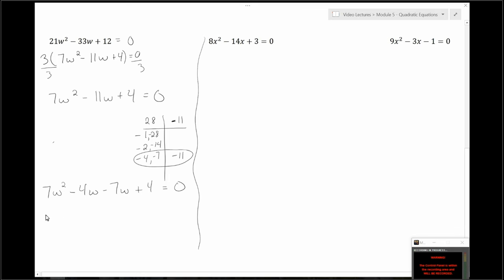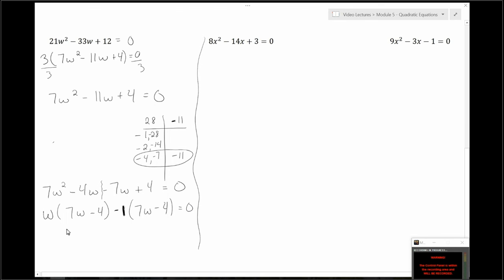I pull out a w from these first 2 terms. Now this has 7w minus 4, and these 2 are the opposite, so I must need to just pull out negative 1 to get 7w minus 4.